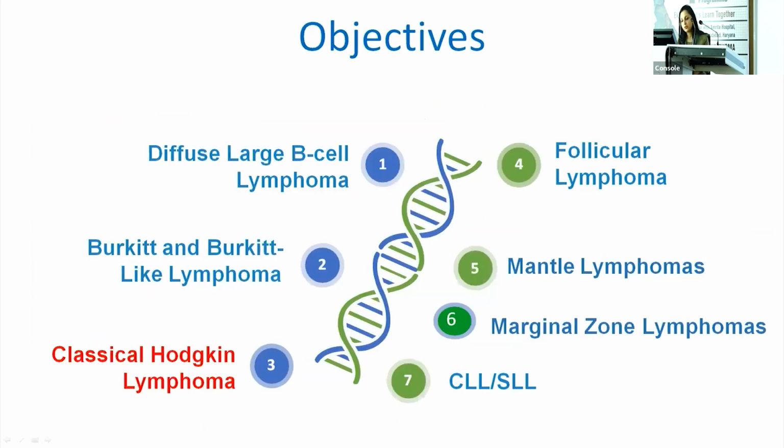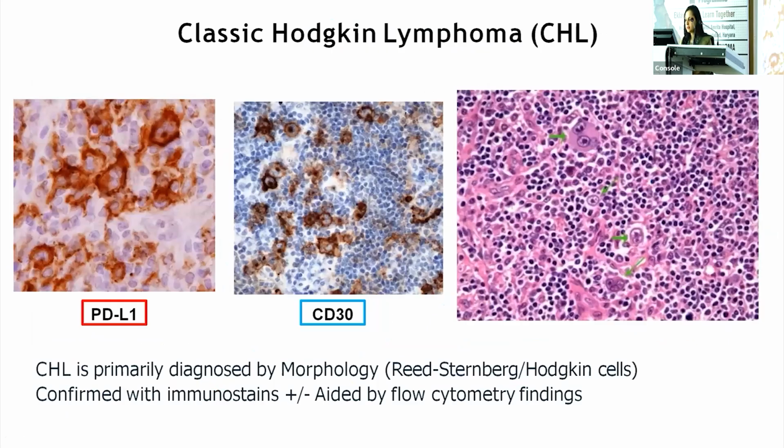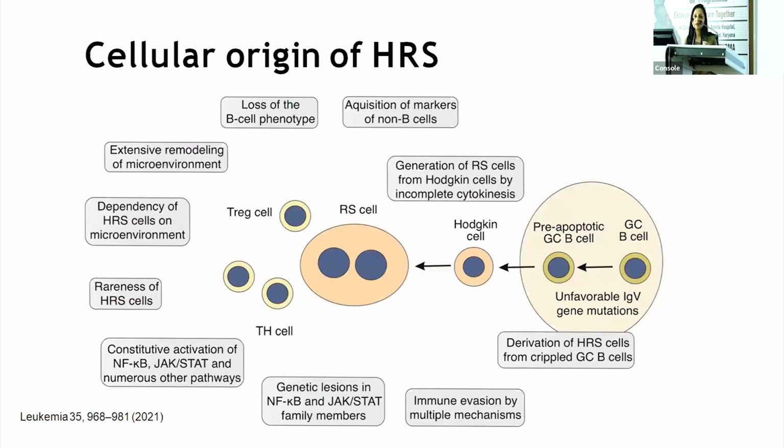Then the classical Hodgkin lymphoma. I think a lot has been said, and now we are clear that Hodgkin lymphoma is of B cell origin. Earlier it was doubted because it expressed only PAX5 and CD20 was not expressed, and there were very few cells. Now we are able to isolate them and also sequence them, and we see that they also have the IgH heavy chain rearrangement, which is pathognomonic of B cells.